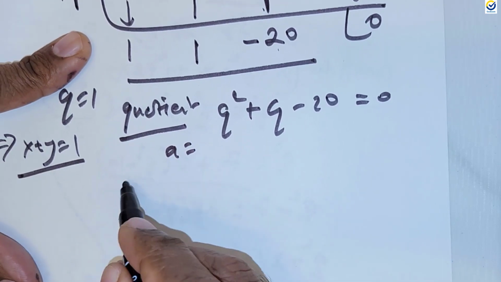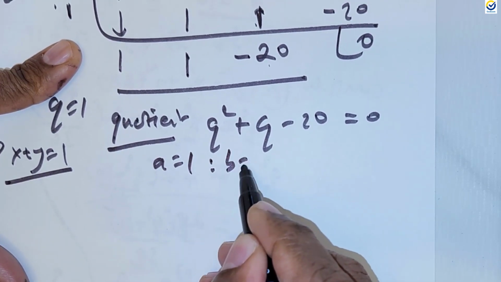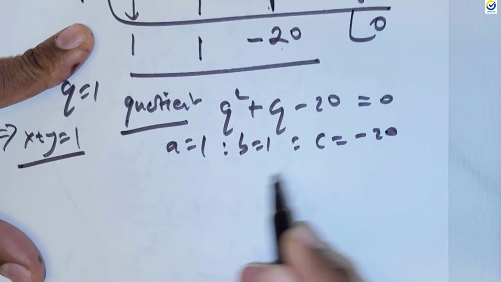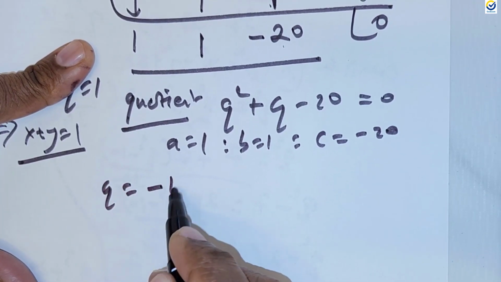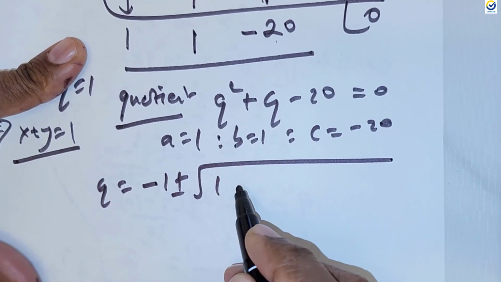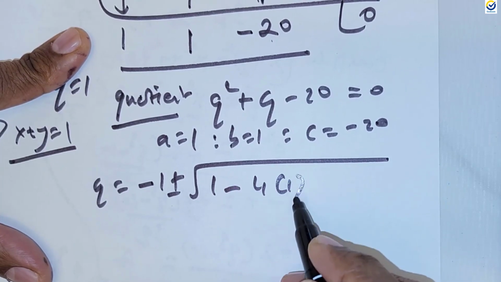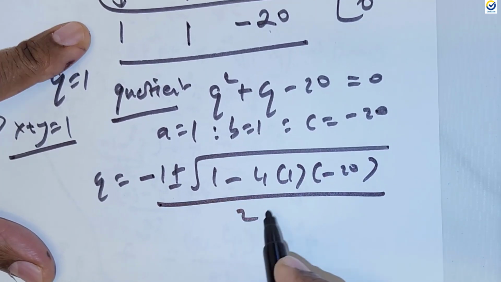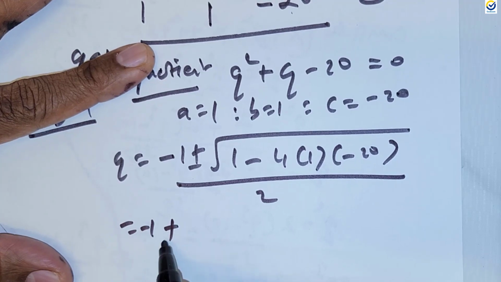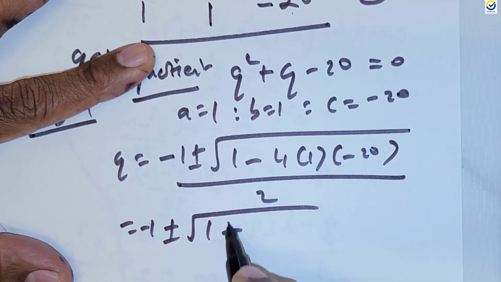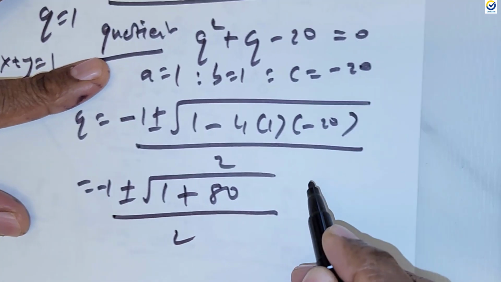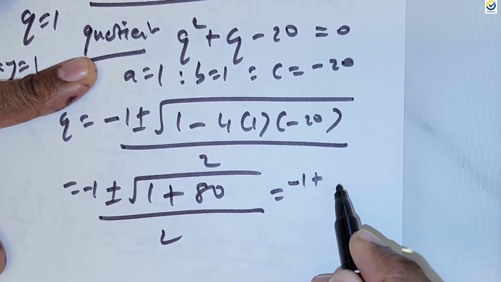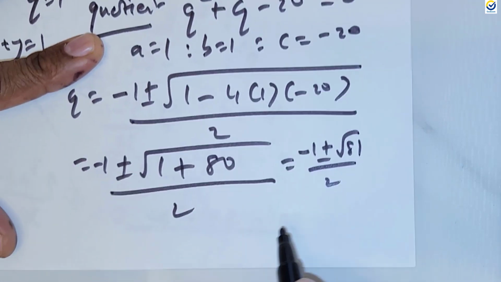I'm going to use the quadratic formula. A is equal to 1, b is equal to 1, c is equal to negative 20. So q is equal to negative 1 plus or minus root of b squared minus 4 times a times c, divided by 2. So it's going to give me negative 1 plus or minus root of 1 plus 80 divided by 2. This is going to give me negative 1 plus or minus root of 81 divided by 2.